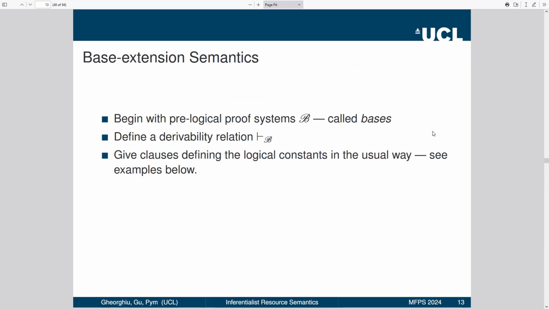It doesn't have to be natural deduction, which is the format we're working in for legacy reasons. The point is you derive, relative to some proof system, a derivability relation, and then you can do that as flexibly as you want. So this is really the recipe you follow to get the basic extensions.